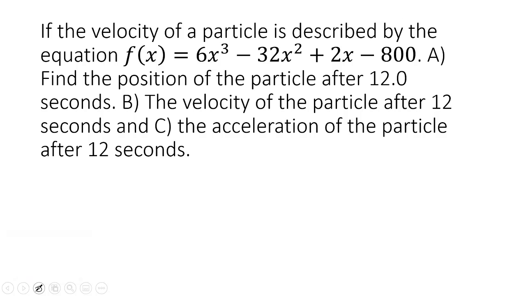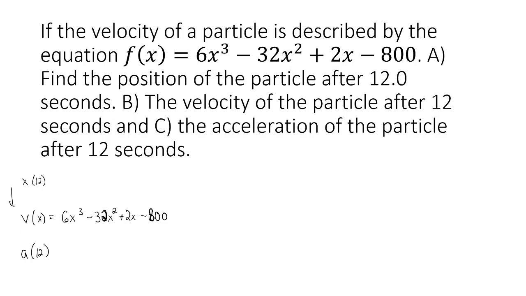So what I'm going to remember is that first I've got the equation of velocity, v equals 6x cubed minus 32x squared plus 2x minus 800. All right, I'm going to go up to position at 12, and we're down to acceleration.